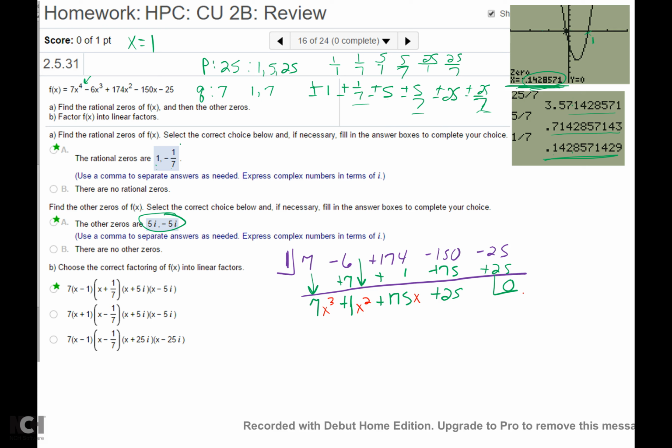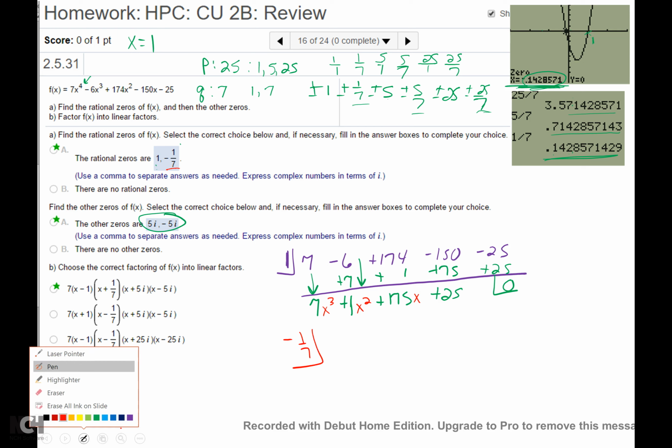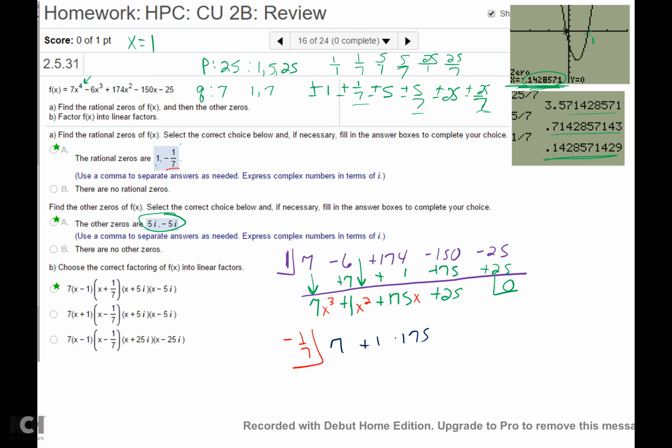Okay, and I've got to get it down to a 2nd degree, so I'm going to have to use my other zero. Negative 1/7 goes in the hole. And my coefficients are 7, positive 1, 175, 25. Okay, my 7 comes out. If you're that crazed about it, use a calculator. Negative 1/7 times 7 is negative 1.